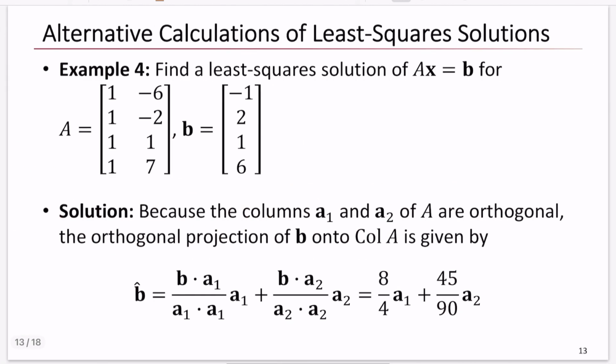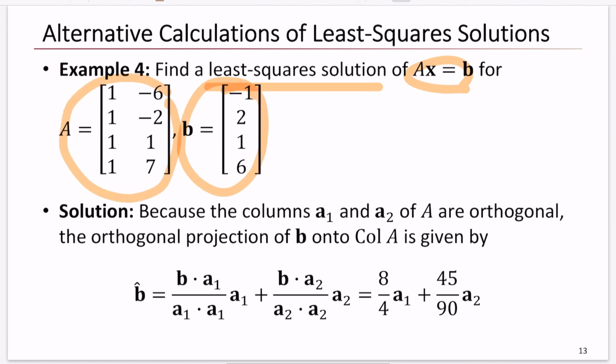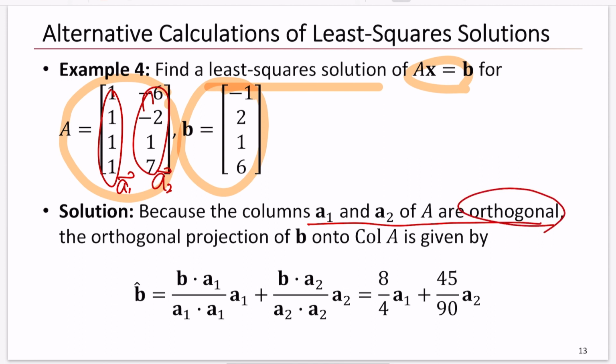Right, so let's find out one more example. Let's find the least square solution for Ax equals b, where A is this 4 by 2 matrix and b is a 4 by 1 matrix. First of all, call the two column vectors a1 and a2. Because the two column vectors are orthogonal, you can just check that a1 inner product a2 is equal to 0.